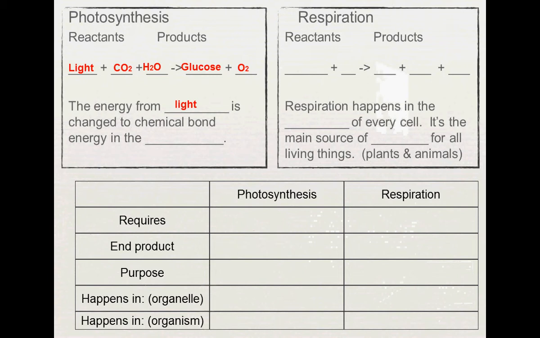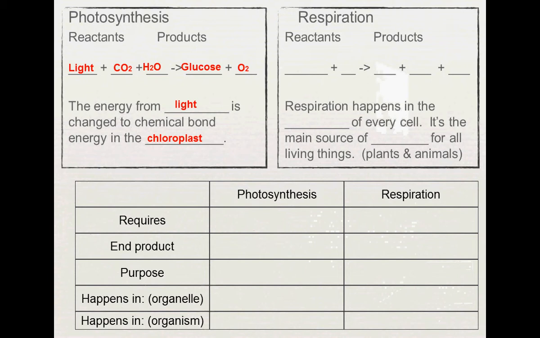It captures light and transfers that energy into the bonds in between the atoms of glucose. Where does this happen in the cell? What organelle? In the chloroplast of cells. All right, so that is photosynthesis.